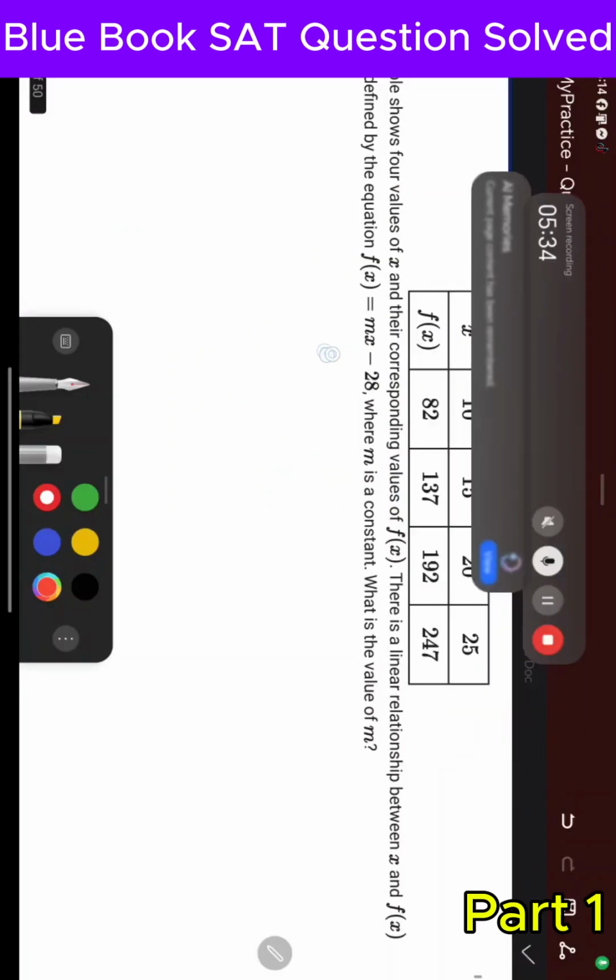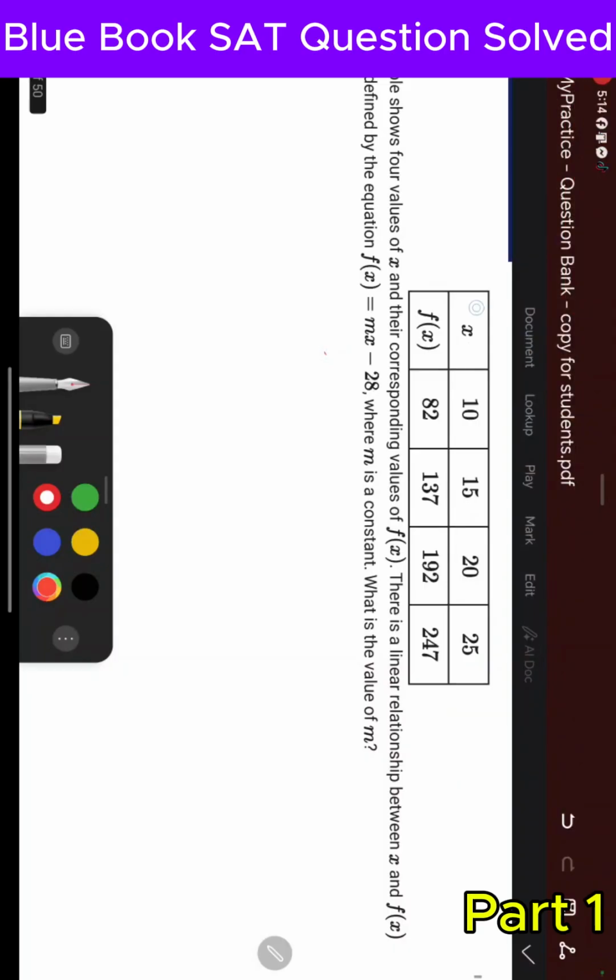The next question says the value of x and the value of f of x. F of x means y. If we make this x1 and this x2, y1, y2, we can find m. M is constant, so we can find it easily. The formula is m equals y2 minus y1 over x2 minus x1.